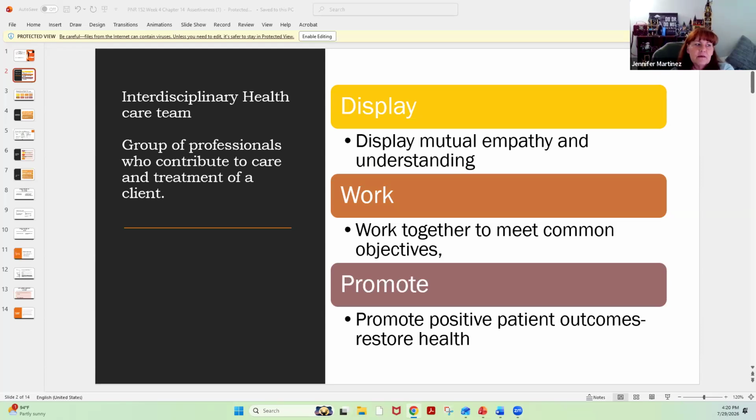It's a group of professionals who contribute to care and treatment of a client. They display mutual empathy and understanding. They work together to meet common objectives and they promote positive patient outcomes, which the most important is, right, to restore health.